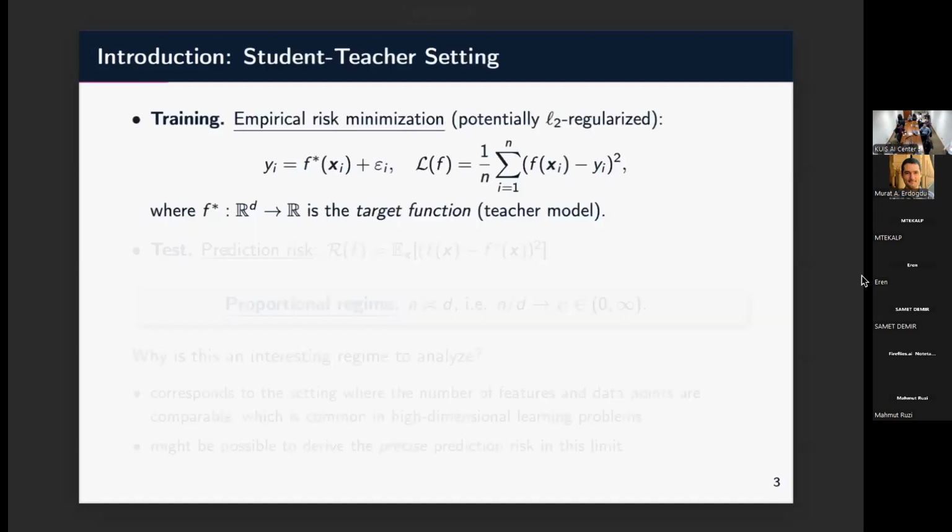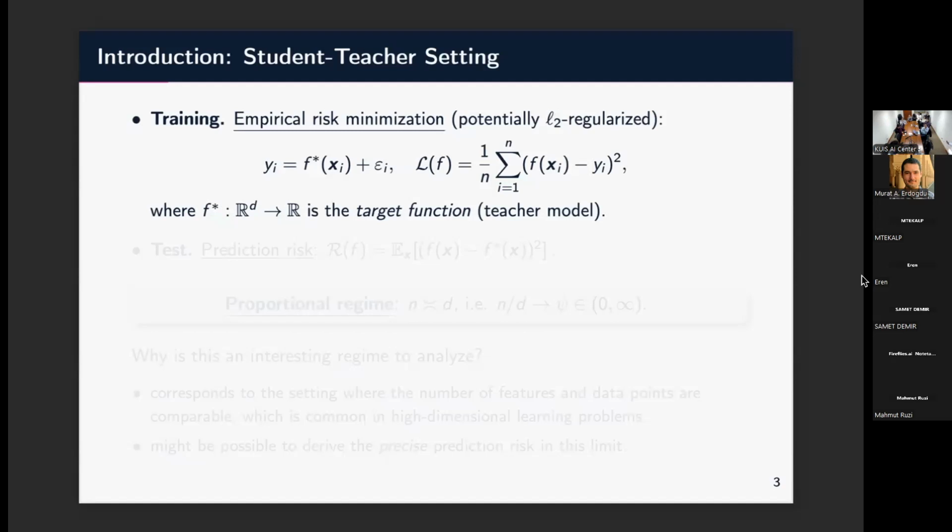All right, so let me formalize the setup. I'm going to focus on a supervised learning setup. That means that there is input, which is xi, a d-dimensional input. And there is a target function, f star, and some noise, epsilon, and the response is yi. So you can think of xi as the pixel values and yi as the label of the image, could be cats and dogs.